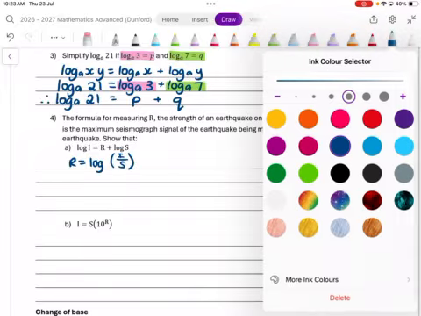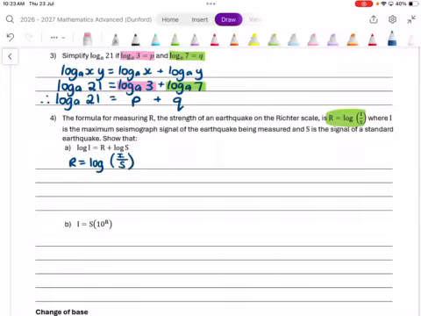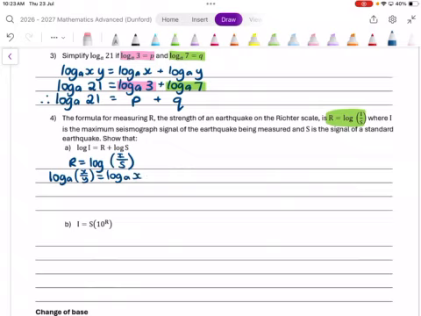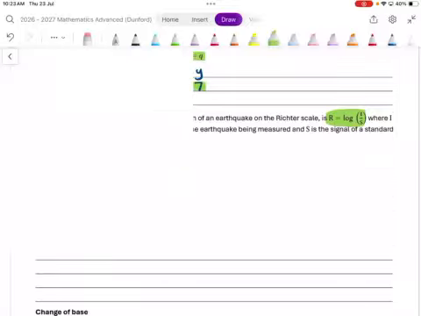Our log law with our division is log base A of X on Y is equal to log base A of X minus log base A of Y. That is the law that we are using for this question.